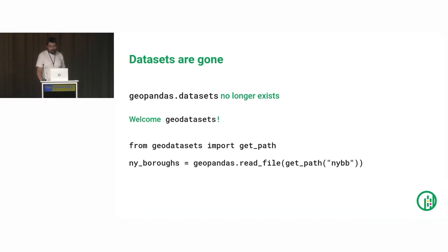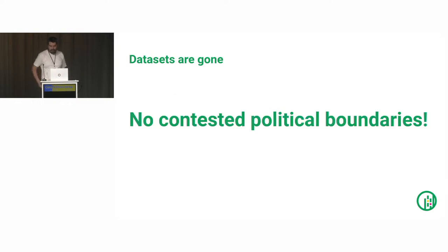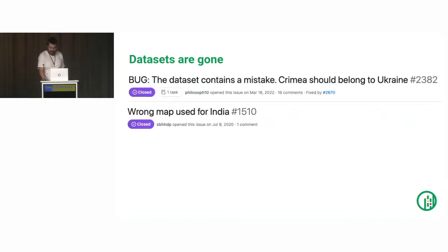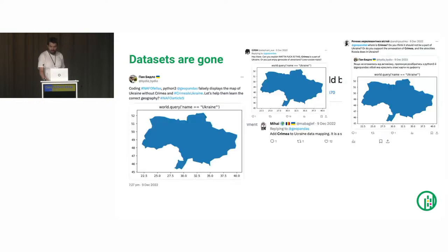The difference is that the datasets themselves are not shipped as part of the package, but are pulled from the internet on demand. And the main difference is that there are no contested political boundaries included in the list of datasets, which was not the case in the original GeoPandas datasets, because there were Natural Earth low resolution datasets representing the boundaries of different countries, which led to some issues and a lot of anger over the internet.